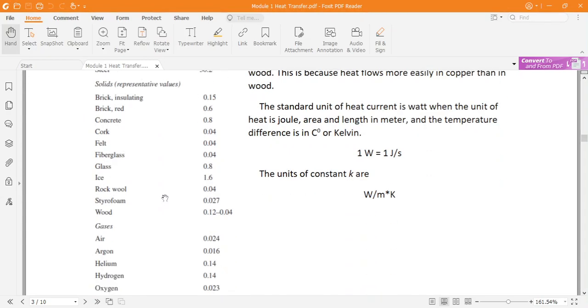This one, less than 1, or here 1.6 for ice, means that these materials transfer heat slower than metals. So if you want to prevent heat from transferring, you can use these materials.